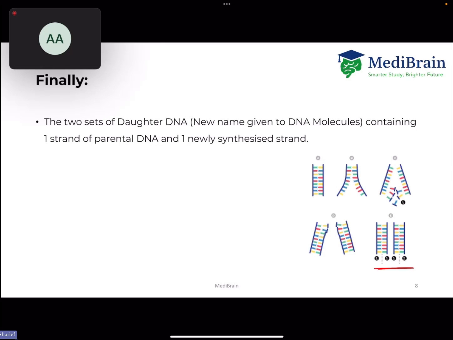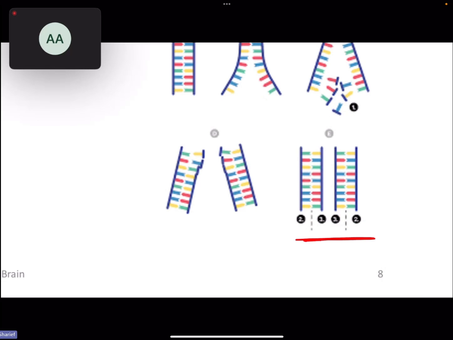And then basically, if there was a step 4, I've just put it as finally 2 sets of daughter DNA, this over here, each containing one strand of parental DNA and one newly synthesized strand is formed. Okay, so we had this over here. Basically what that is saying is that one strand is from our original parent.